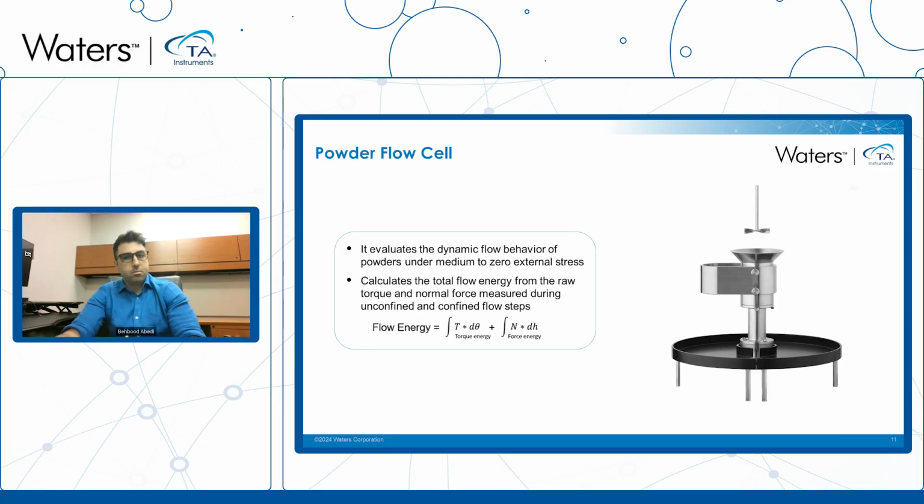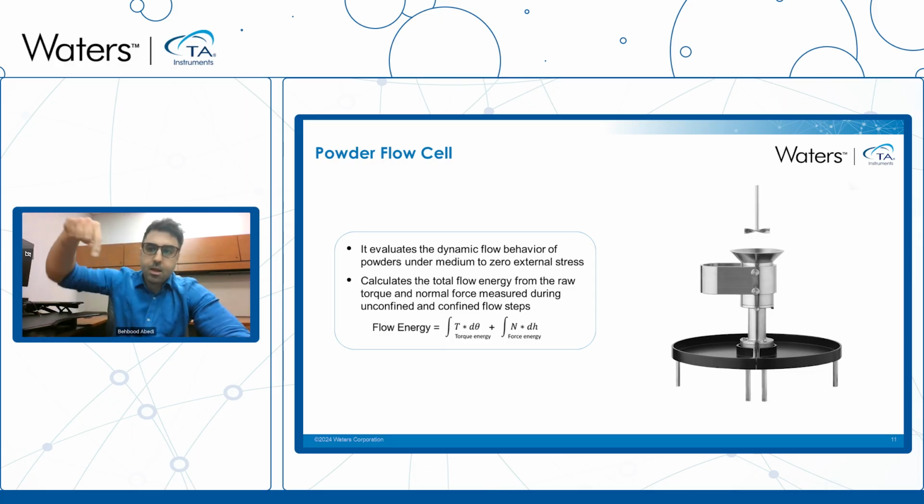And then the flow cell test. We have a helical rotor. We fix the tip speed, and it goes all the way down inside the cup and then goes all the way up.